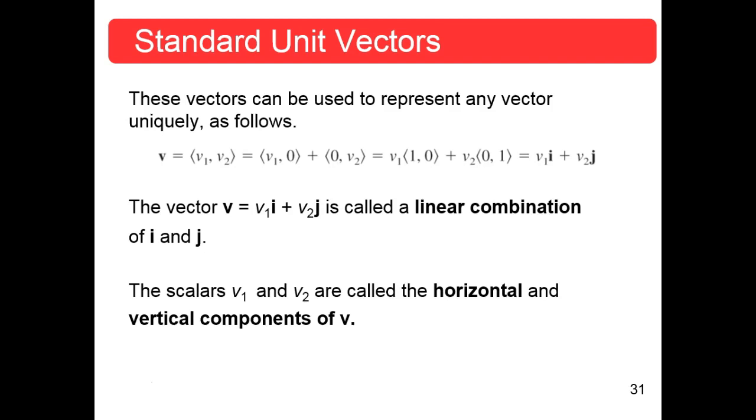Well, guess what <1, 0> is? What is <1, 0>? Vector <1, 0> is i, okay? And vector <0, 1> is j. So this is v1 i plus v2 j. In fact, back when I was, the earliest I can remember doing vectors, we didn't have this form.